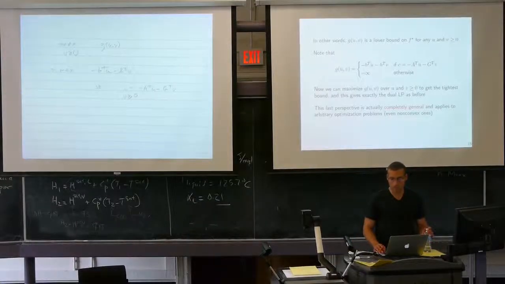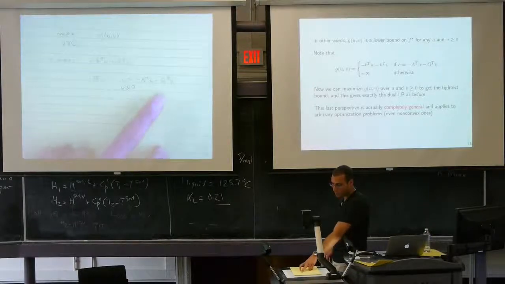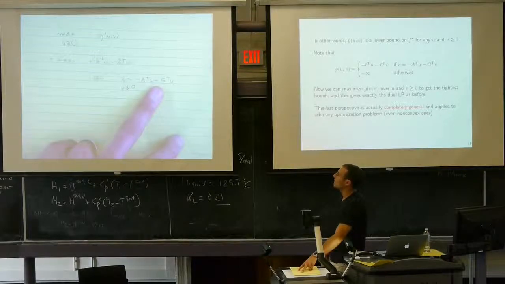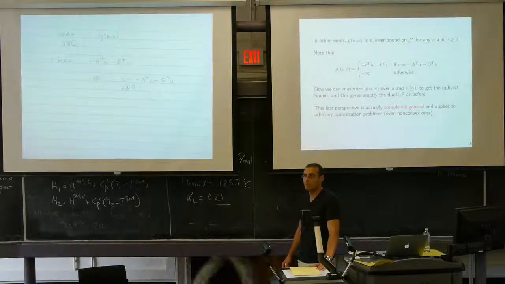First, what happens when we can't make it so that the dual variables add up to the primal constraint? Another way of voicing that same concern is: what happens when we can't find U and V such that minus A transpose U minus G transpose V is C? What happens if there are no U and V that satisfy that linear equation?